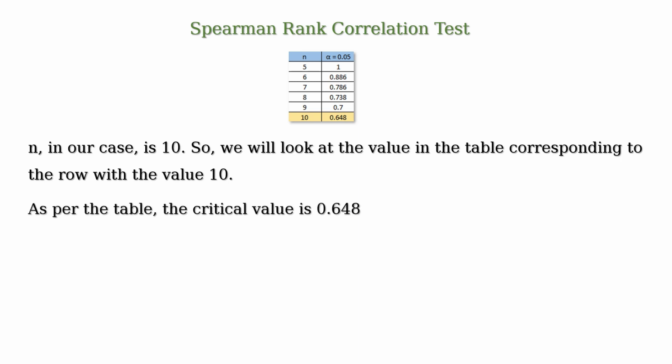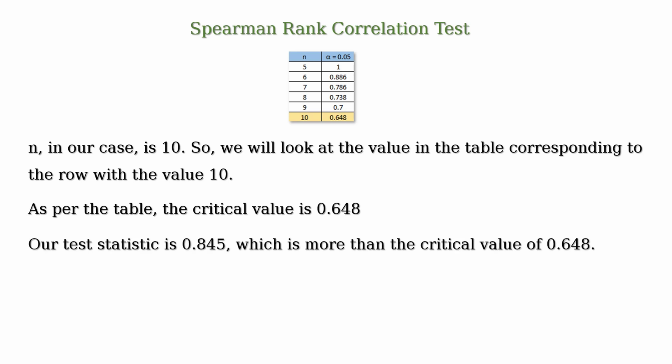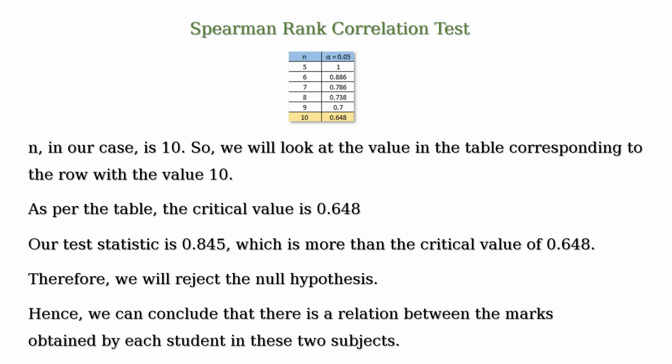As per the table, the critical value is 0.648. Our test statistic is 0.845, which is more than the critical value of 0.648. Therefore, we will reject the null hypothesis. Hence, we can conclude that there is a relation between the marks obtained by each student in these two subjects.